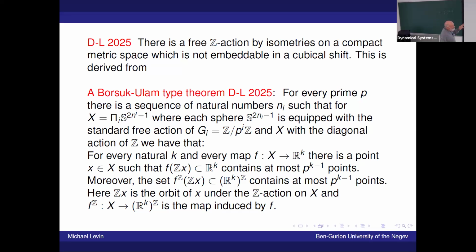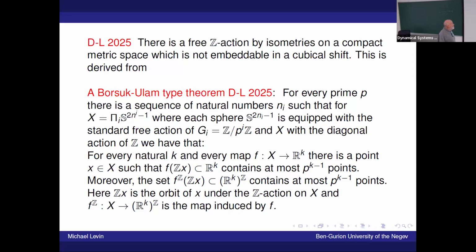I believe it's not important for that result, so we can take any action, but it's better to work with the standard action because at some point, to turn it into a simplicial action or a cell action, it's more convenient to work with the standard action of the cyclic group. So we equip each sphere with an action of the cyclic group Z_p to the power i.